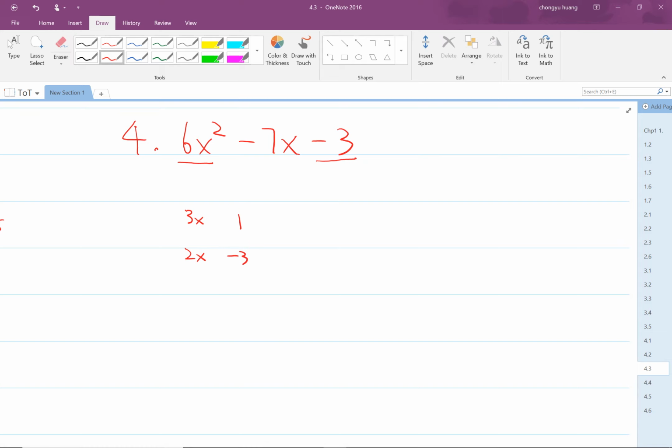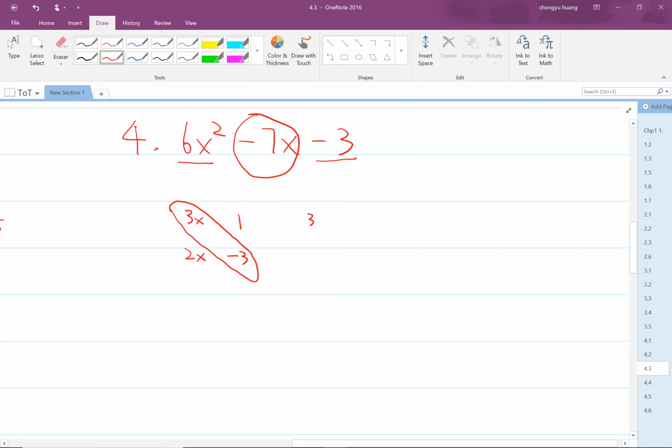So that means it's actually valid. Now we want to make sure the middle number is correct. After we do the cross operation, the middle number should be exactly negative 7x. So let's do it.